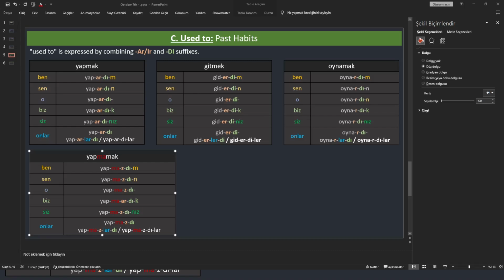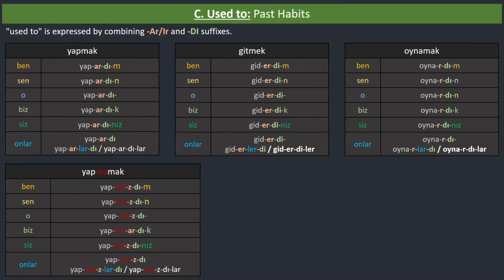So they didn't used to be able to do it, but now they are able to do it. When we have more examples like full sentences, we can see that difference better. So for now, let me remove this. Okay, for now, that's our conjugation table.